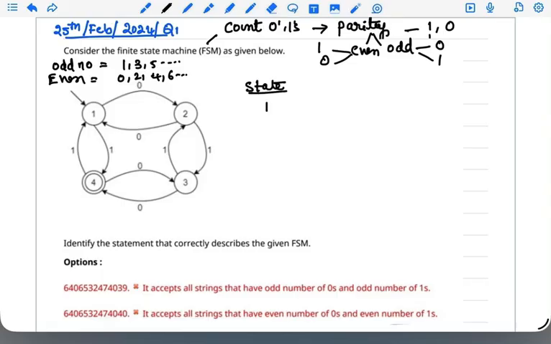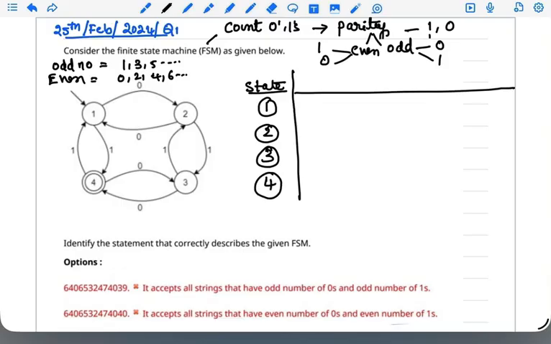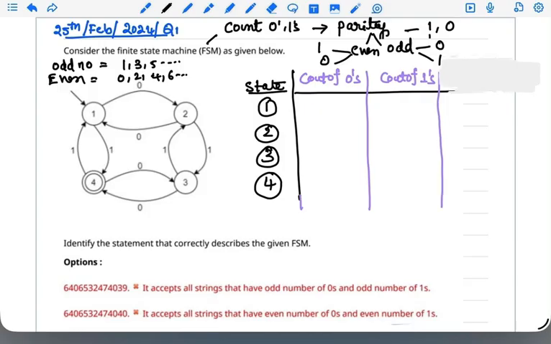For every state, state 1, state 2, state 3 and state 4, we track the count of zeros and the count of ones. At the start state there is no track of the inputs, so there are no zeros and no ones.